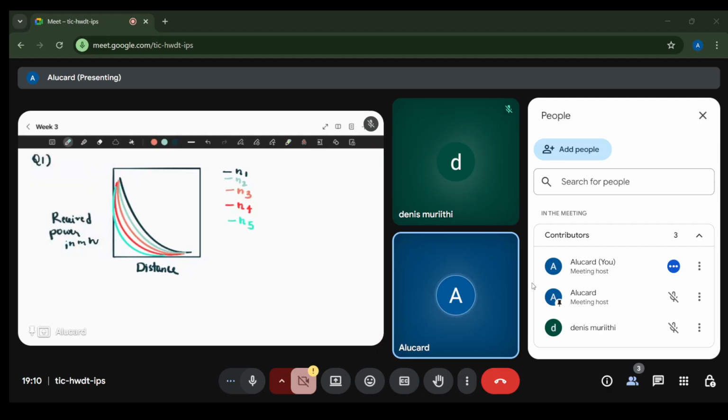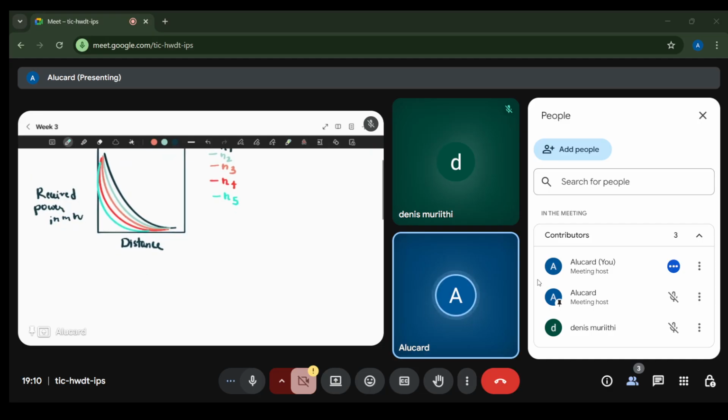These are various path loss exponents. So for different path loss exponents, how the received power varies with distance is given in the curve. Of course, the curves are a bit different. You can look at your assignment question. It's just drawn approximately.